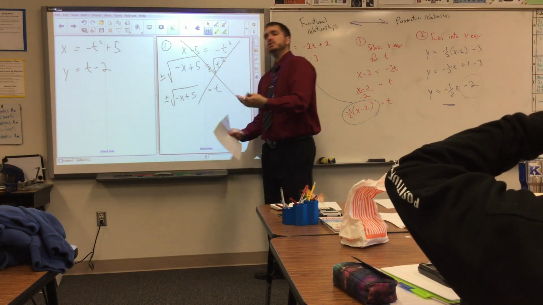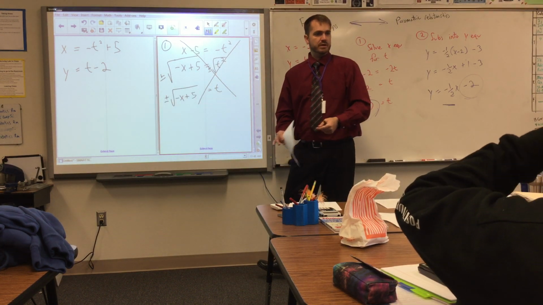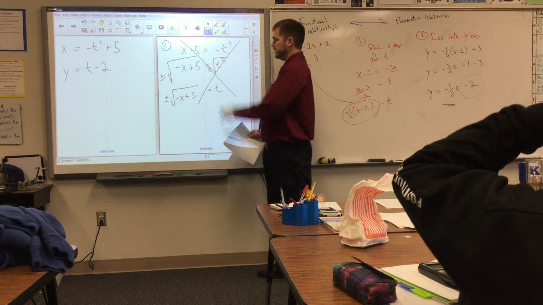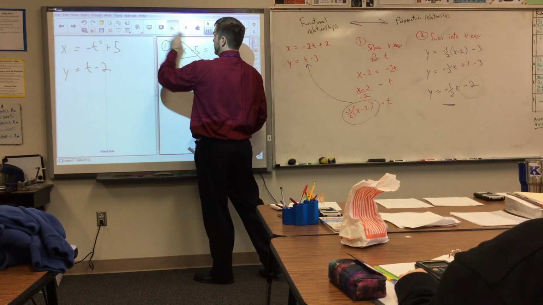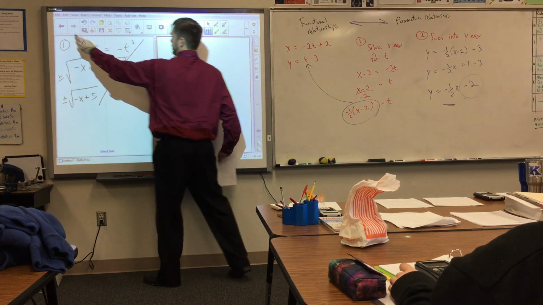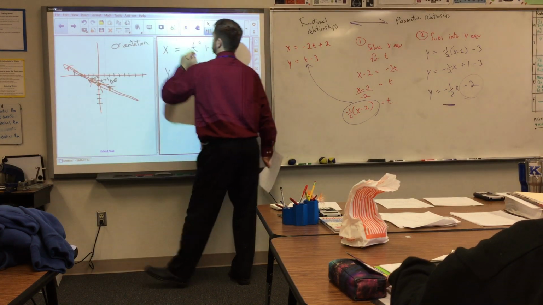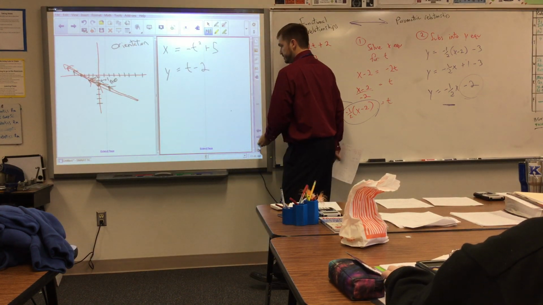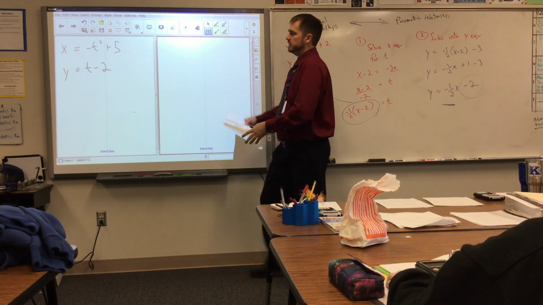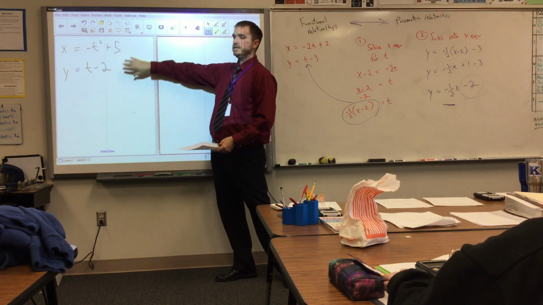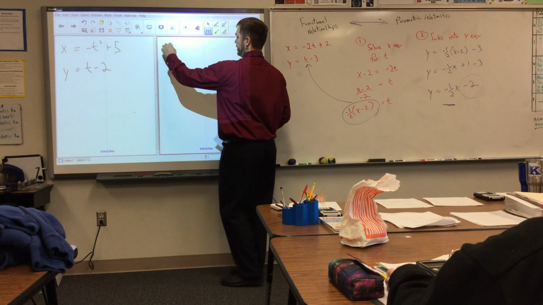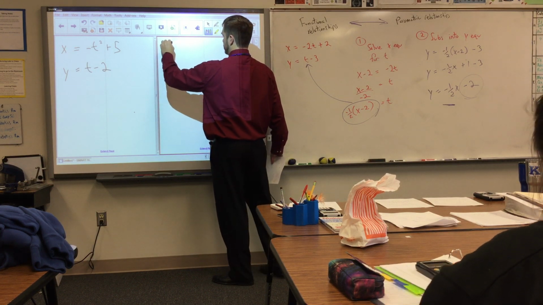Let me show you an alternate way of doing this, okay? It's okay to leave it as the x. The alternate way is just to go the other way around. Take the y equation and solve for t.